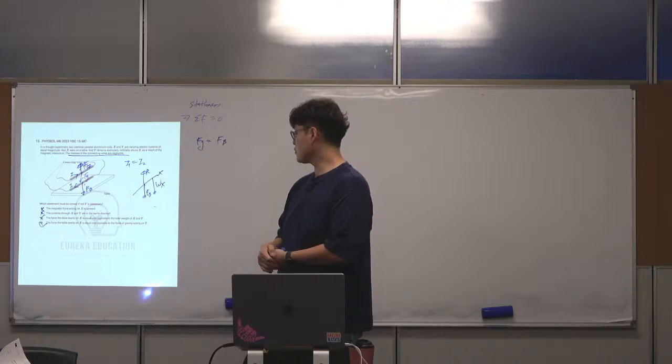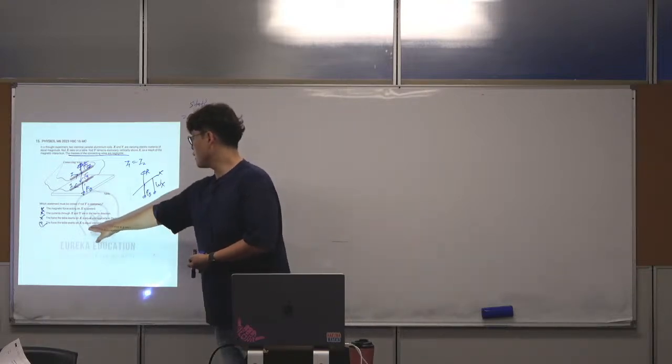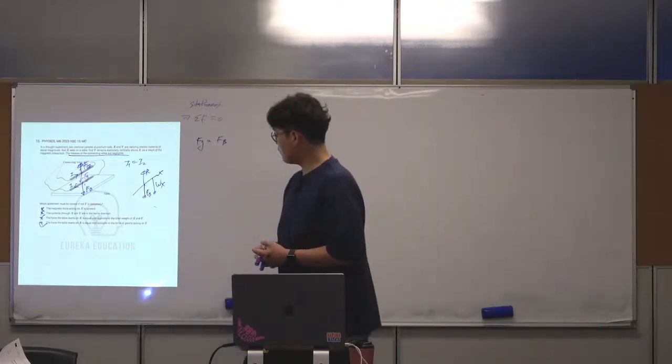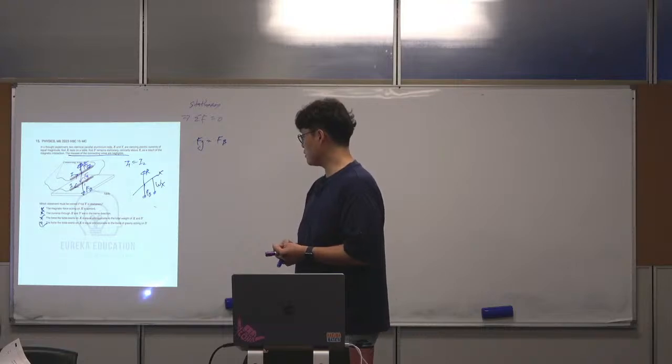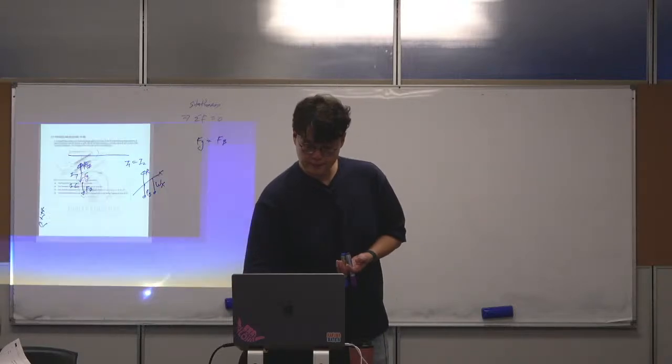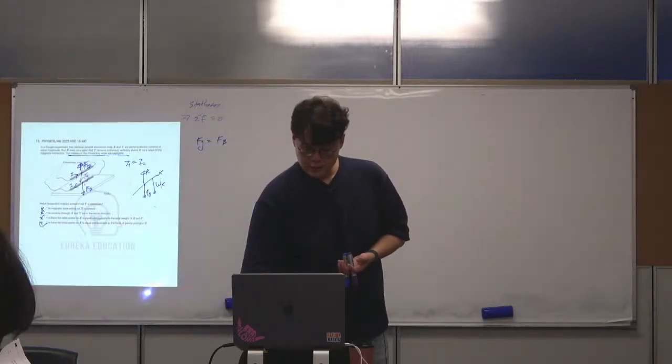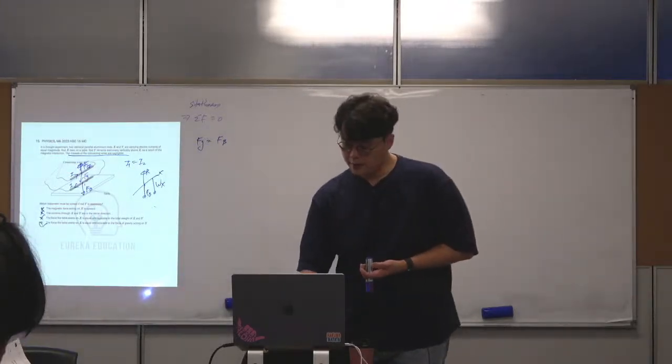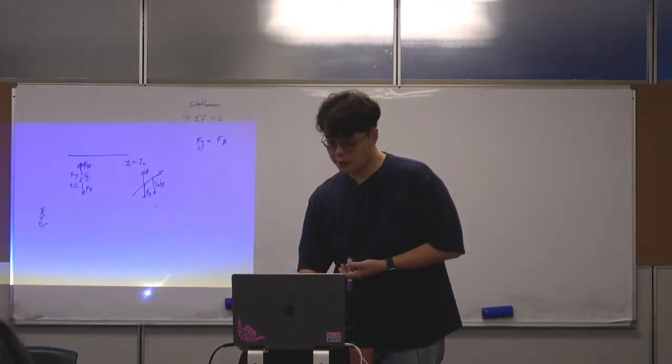To the force of gravity acting on X is equal and opposite to the force of gravity acting on Y. Yeah, so D is the right answer. Any questions about this type of question again?